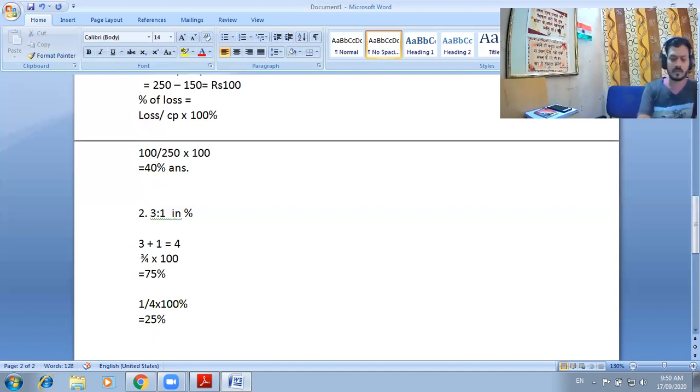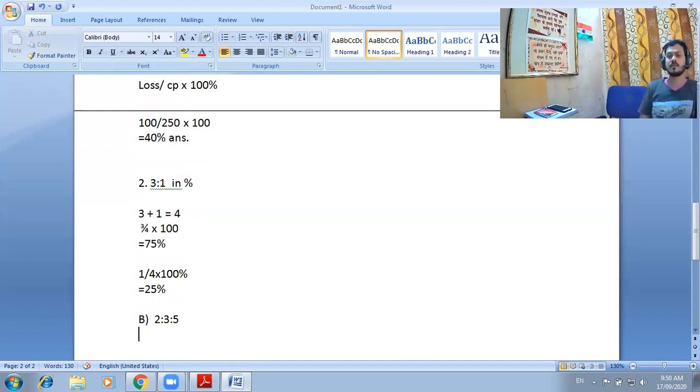Second, B from the second question, 2 raised to 3 raised to 5. Again it is similar: firstly add the ratio, so calculate the total part. Total part equal to their sum. 2 plus 3 plus 5 equal to 10.